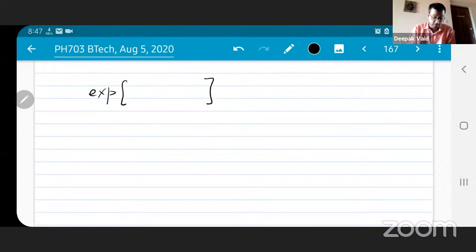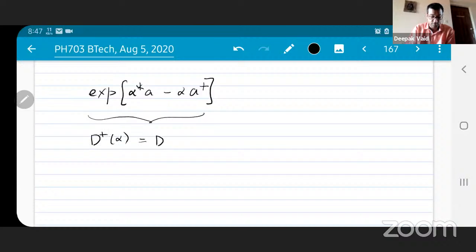If you put a minus sign, you will get alpha a minus alpha a dagger. Then the next term is a that comes in the middle over here. And then finally D alpha.